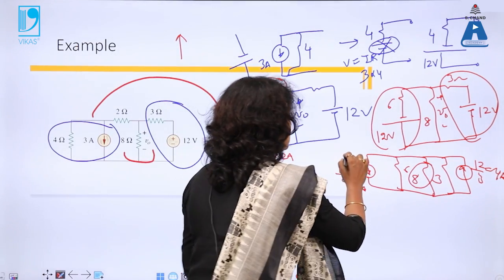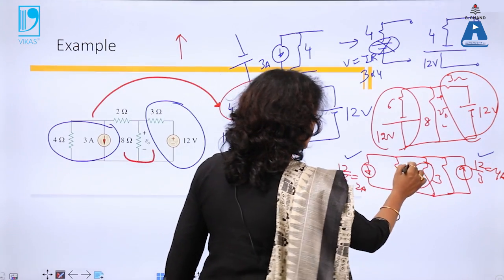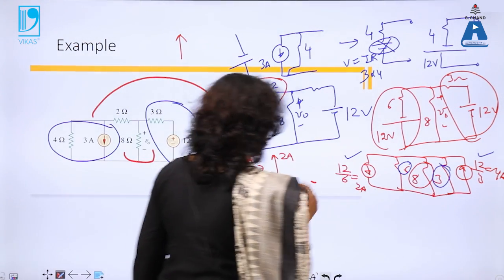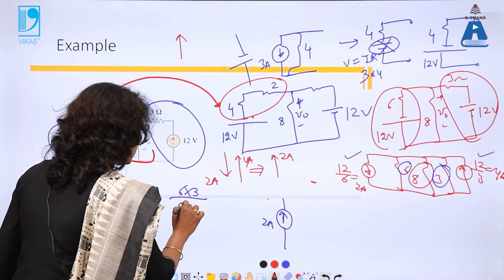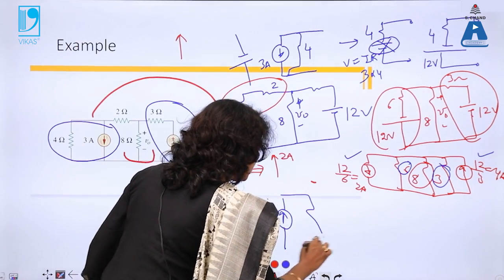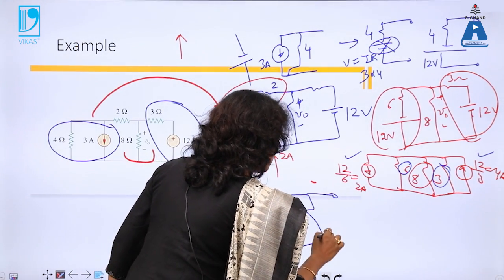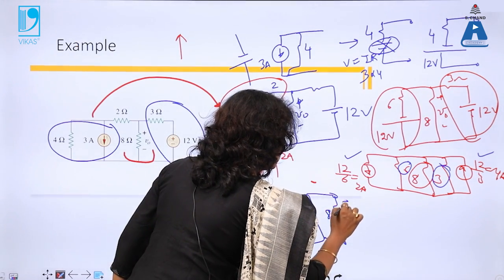Then I am talking about 6 and 3, both in parallel. So 6 into 3 divided by 6 plus 3 is 2 ohms. So I will connect this 2 ohm in parallel across the current source, connect back 8 ohms, and now V naught is this one.